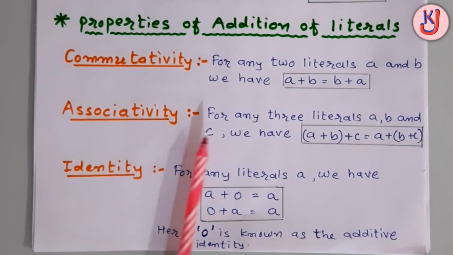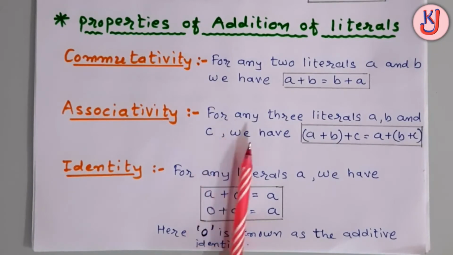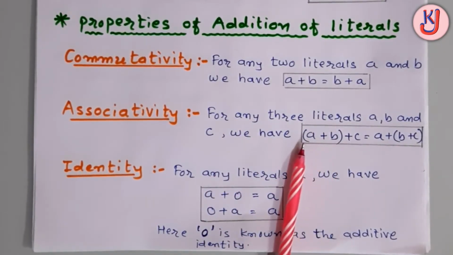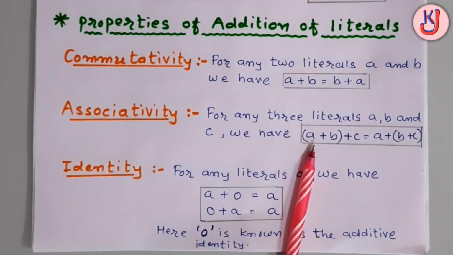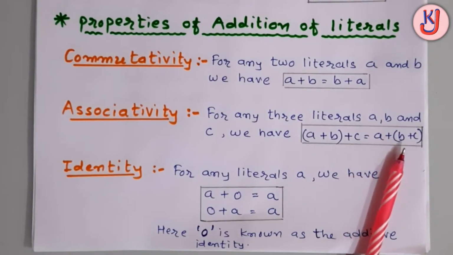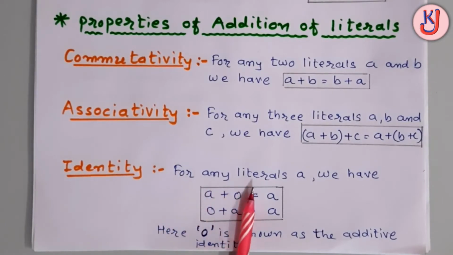In associativity, for any three literals a, b and c, we can write (a plus b) plus c, with a and b in the brackets, or in another way, a plus (b plus c). And in identity, for any literal a, we can write a plus 0 is equal to a, 0 plus a is equal to a. Here 0 is known as the additive identity.